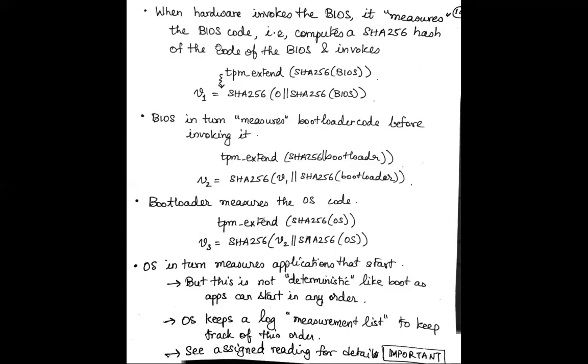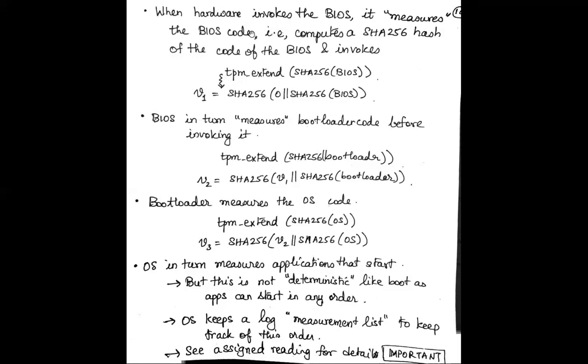So when the hardware does this operation, the new value of the PCR becomes SHA-256 of 0 extended with the value that it was just extended with, which is SHA-256 of BIOS. So the value that is currently the PCR is SHA-256 of 0 concatenated with SHA-256 of BIOS.